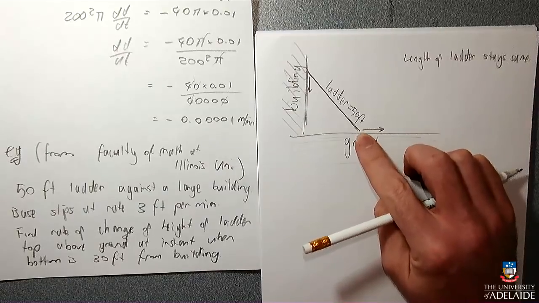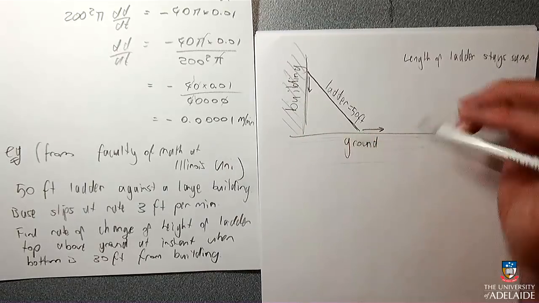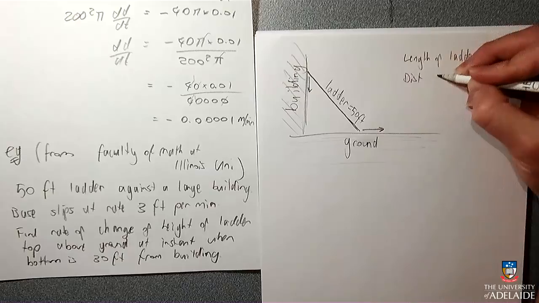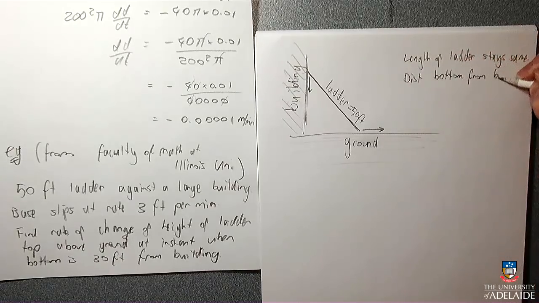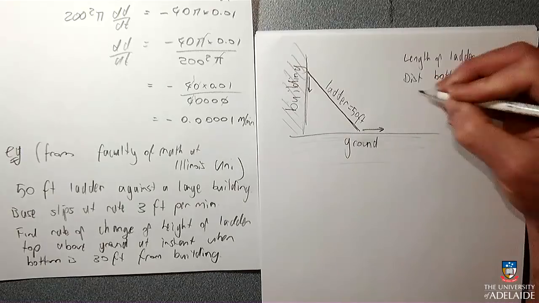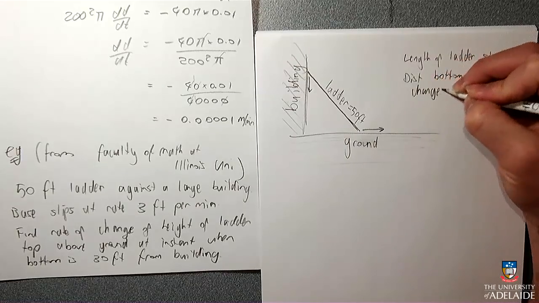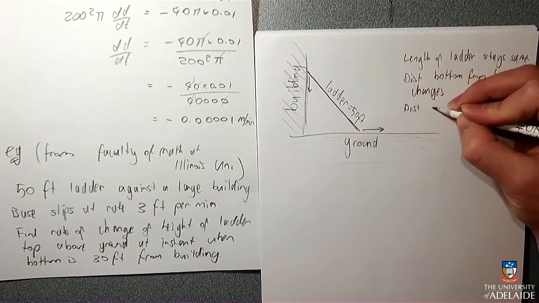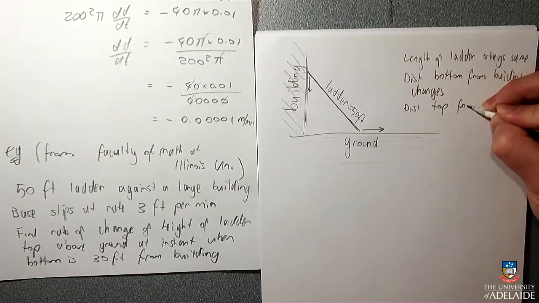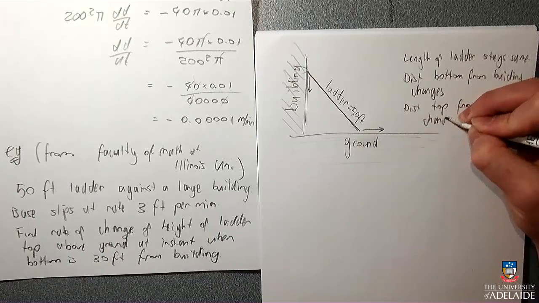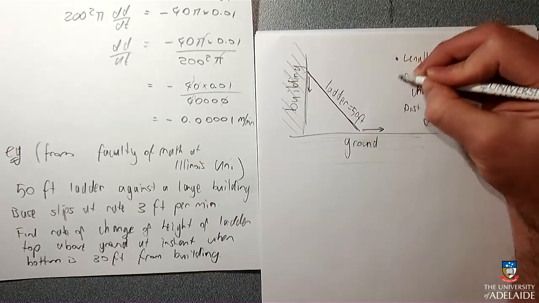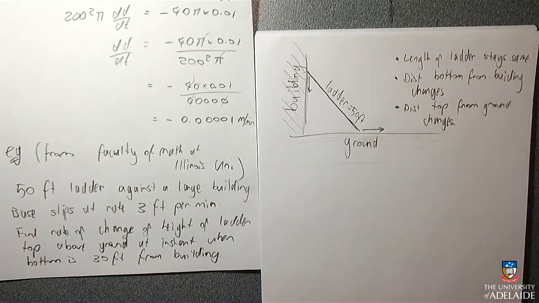How far the bottom is from the building changes. And the distance of the top from the ground, that changes too. I think that's all the quantities that are going on here, other than time, obviously. There's always time.